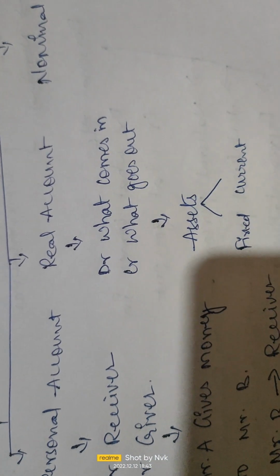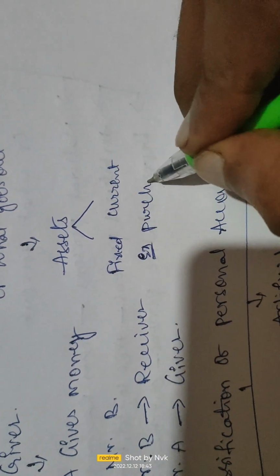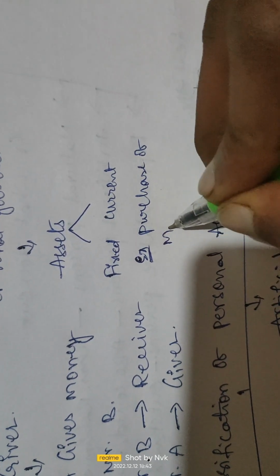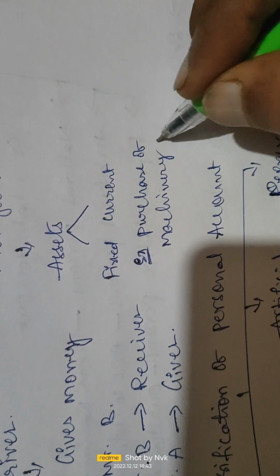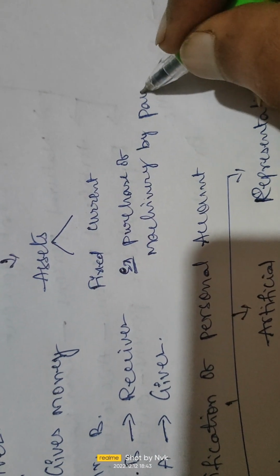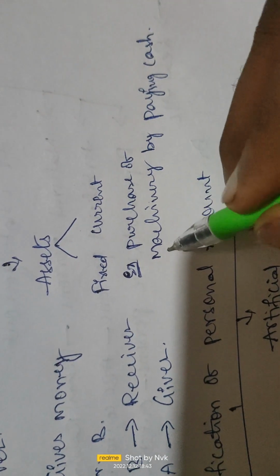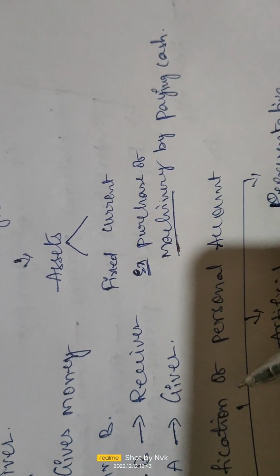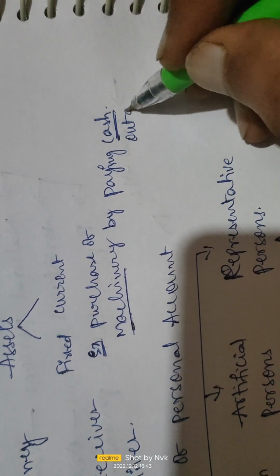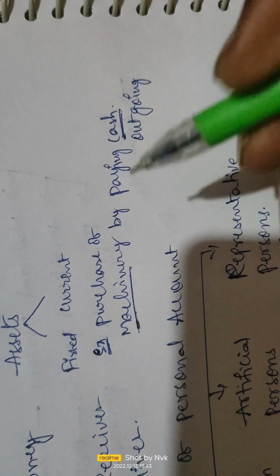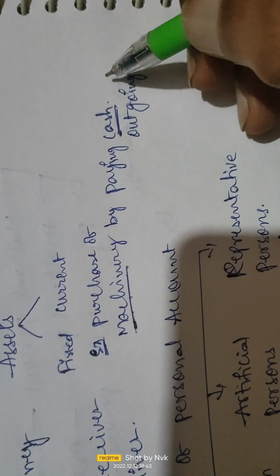For example, the purchase of machinery by paying cash. Whenever we purchase machinery, it comes into the organization, and when we pay, the cash is going out.